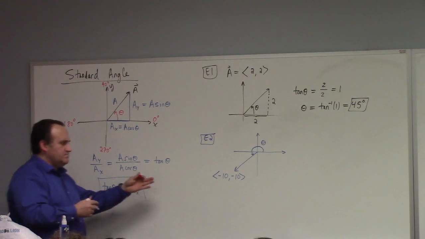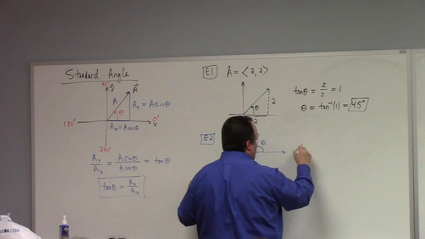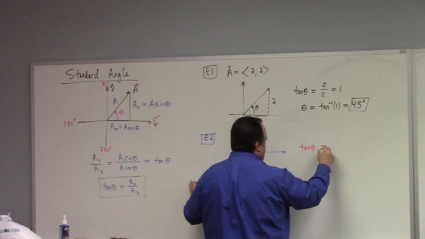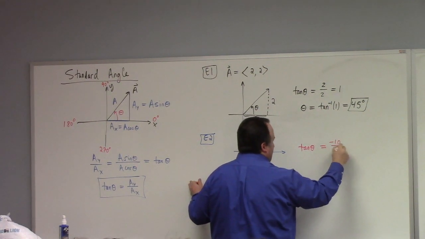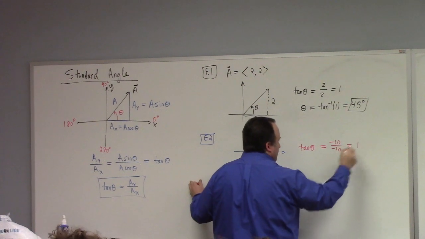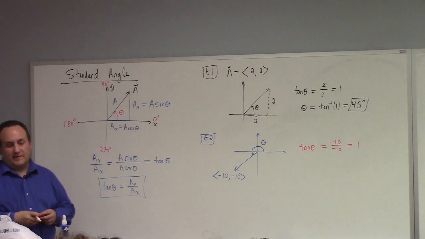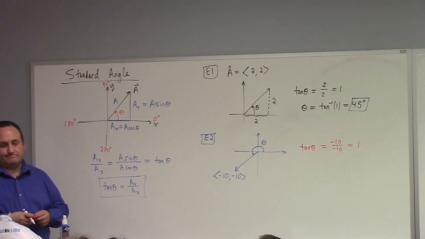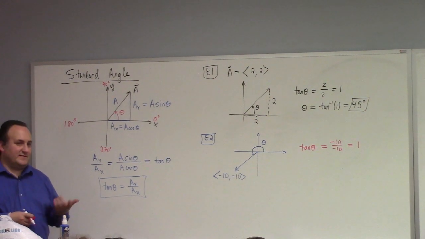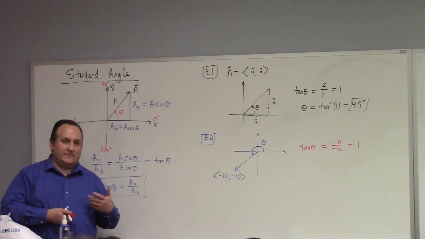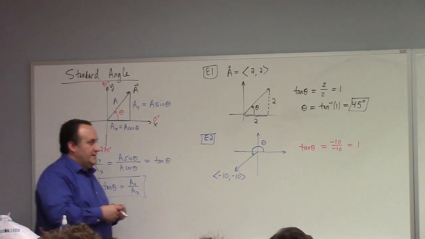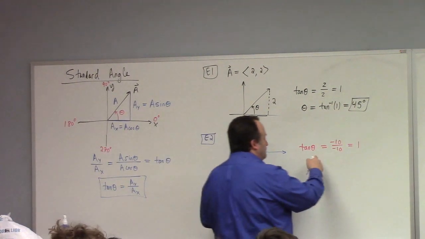Now here, tangent theta, right, is equal to, well, minus 10 over minus 10, which is still what? 1. So if I was to calculate inverse tangent, what do I get? I get 45 degrees. Is that correct? It's not, right? Inverse tangent is only a legitimate tool within limits.